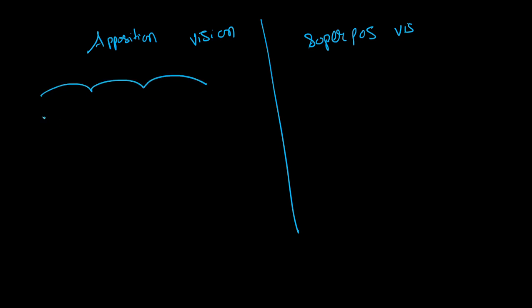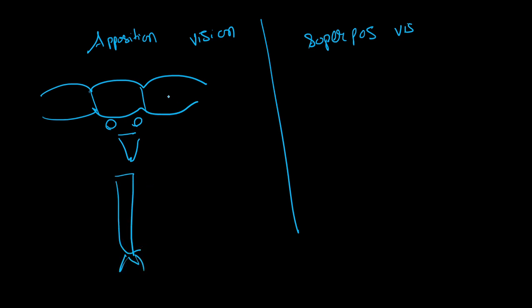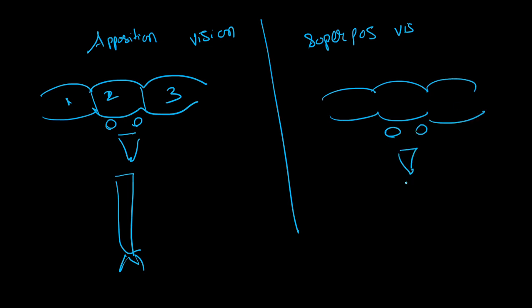Let's draw 1 2 3 ommatidia. Okay, this is your cornea. Then down what do you have? Corneal cells you have, then crystalline cone, then rhabdome, and then nerve cells. Roughly I have drawn. This is one ommatidia, this is second, this is third. Same way here you have 1 2 3, and then corneal cells, then crystalline cone, then rhabdome, and then nerve cells present over here.